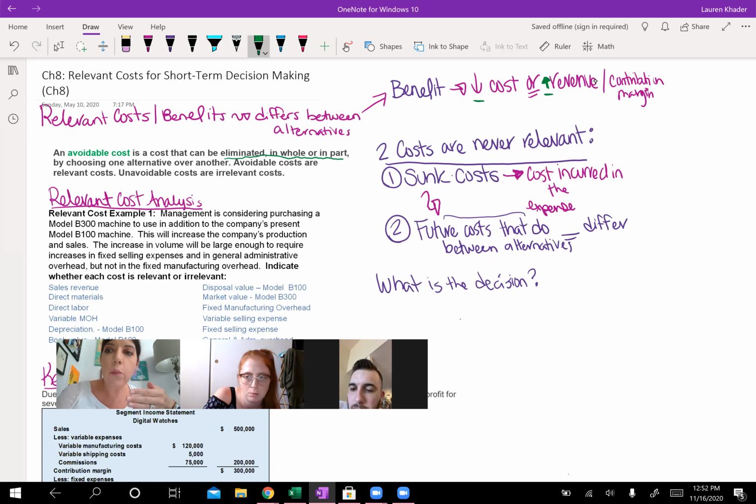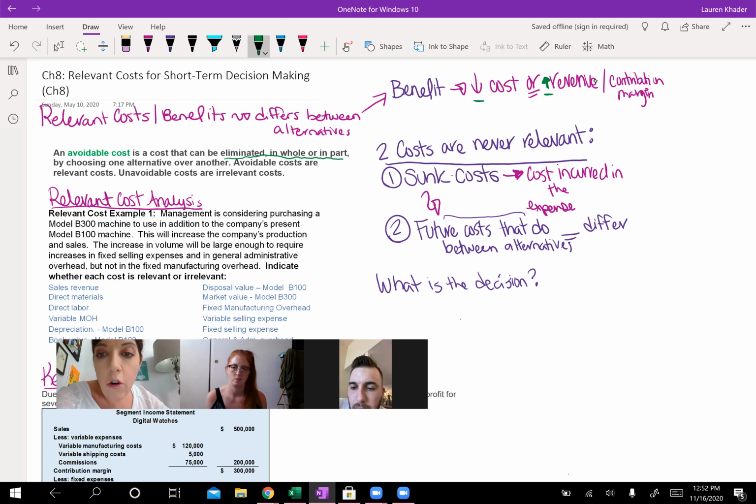In another scenario, we would incur this cost. So it's relevant to that decision at hand. So it might be a reduction in raw material costs or direct material costs or direct labor costs. If we're able to reduce the cost, it's an avoidable cost.